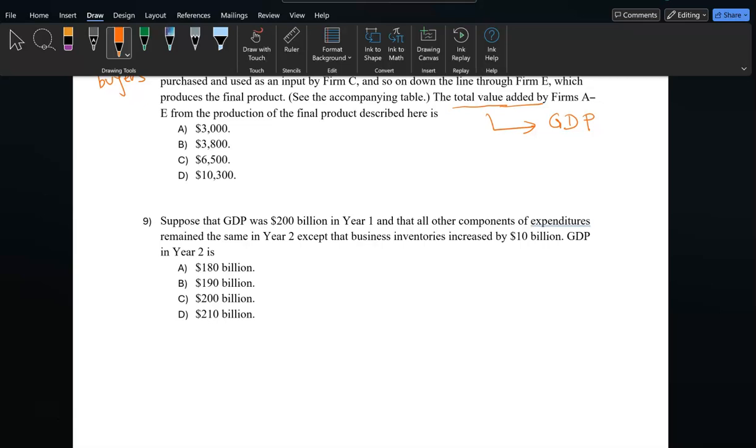That means the economy produced $10 billion more output than what people purchased. And we have to count all the output produced in that year as part of that year's gross domestic product. So for year 2, it's going to be 200 plus 10. Remember, GDP is the total value produced, not the total value sold. This is 210.